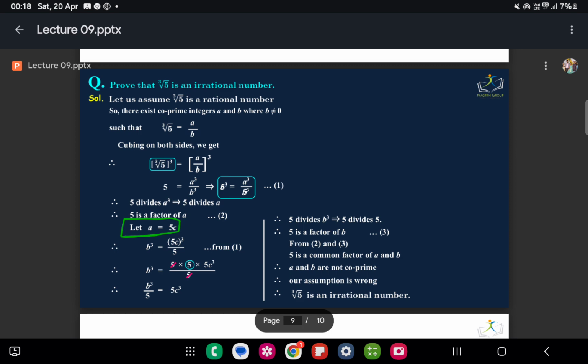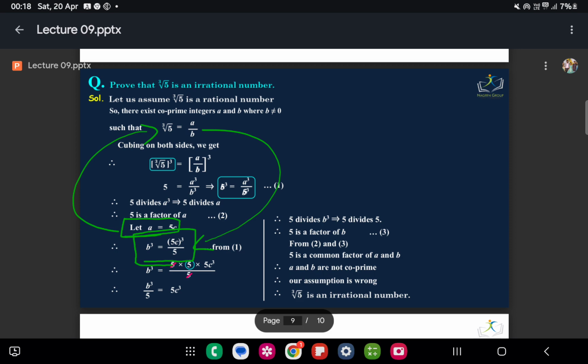So applying this value of a in this equation, we will get b cube equals (5c) cube divided by 5.